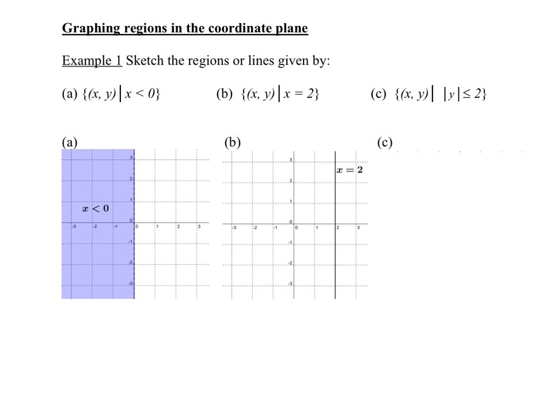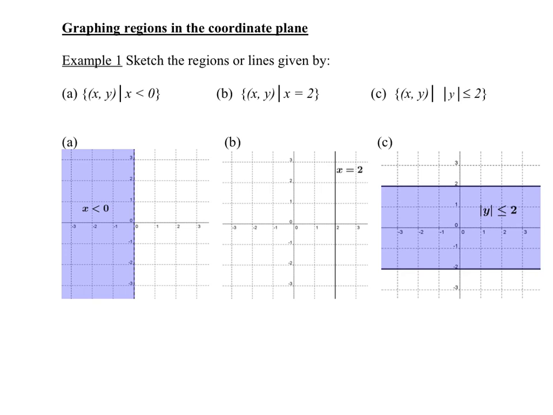So if you wanted to graph that, this would be the area. The y-coordinate here would be 1, here 1.5, here 2, and here -1, but the absolute value of -1 is 1, which is less than or equal to 2. So it's between these two lines.